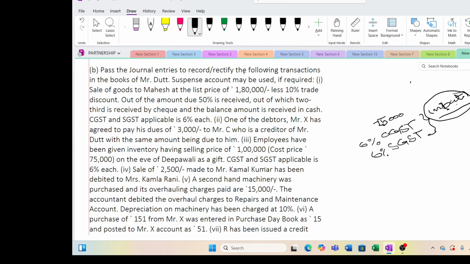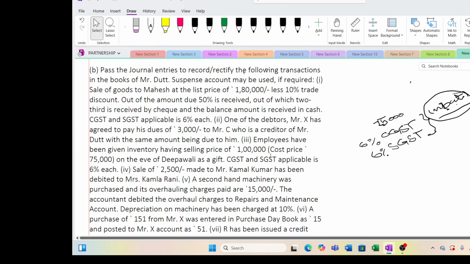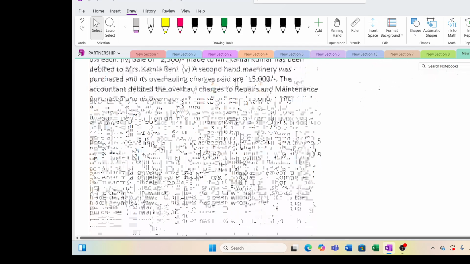This tax he has to pay to the government. Clear? So it will be a loss. So it cannot be utilized against output. It cannot be utilized for setting off against output GST. You understand that? So we have to reverse that input CGST and the total amount will be debited as an expense.